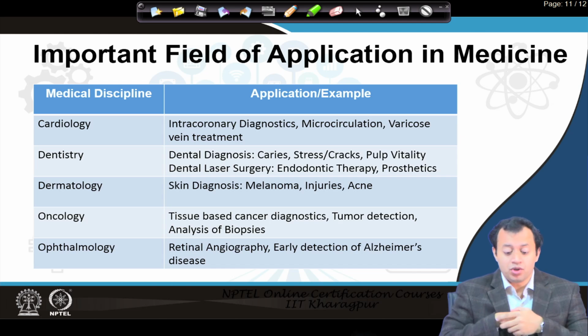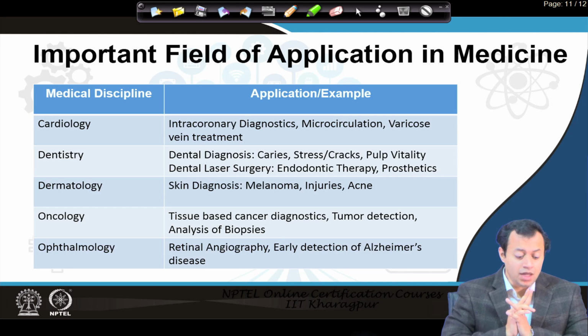You can go for prosthetics using biophotonic applications. Dermatology, you can look at skin diseases, if there is an injury, internal injury, external injury, cosmetic surgery, acne.